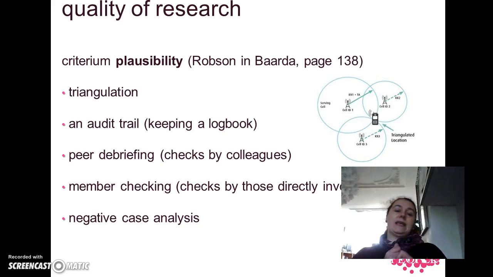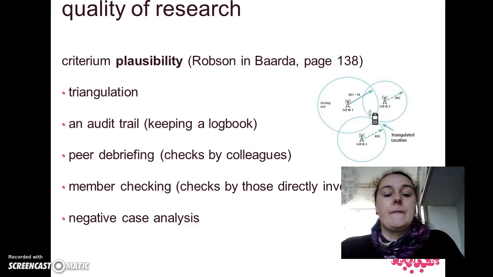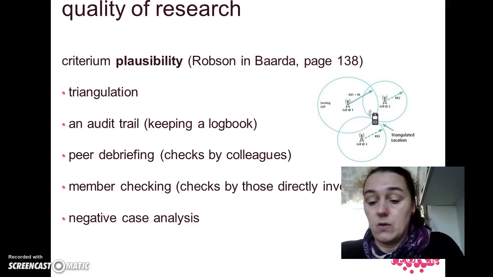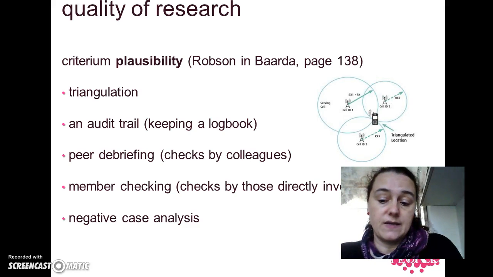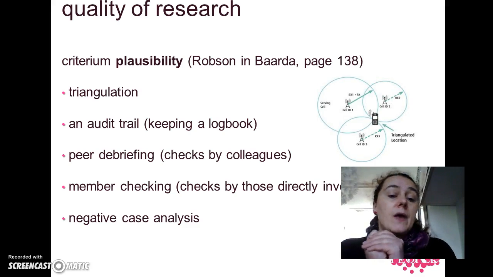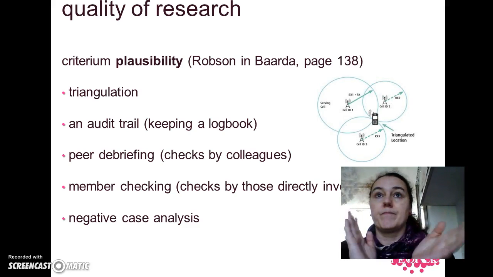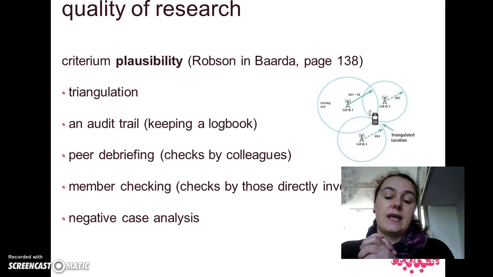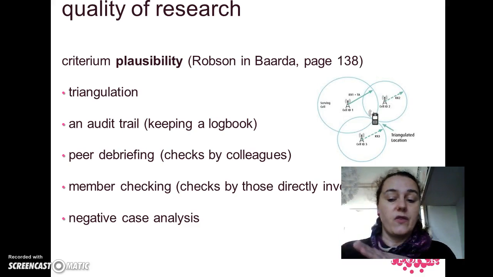Another important thing in terms of plausibility is keeping a logbook or any other thing that develops an audit trail, so that if people question you, you can come back and show the steps that have led to where you are. But also, for example, strange occurrences in the data can be found.